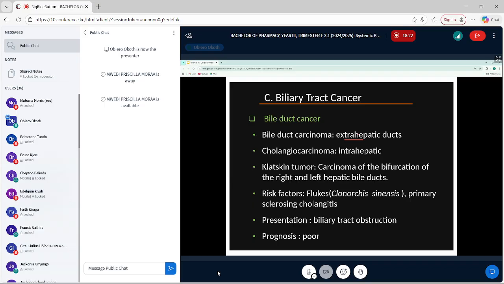You can have carcinomas at the bifurcation of the right and left hepatic duct. Normally we call them Klatskin tumors.